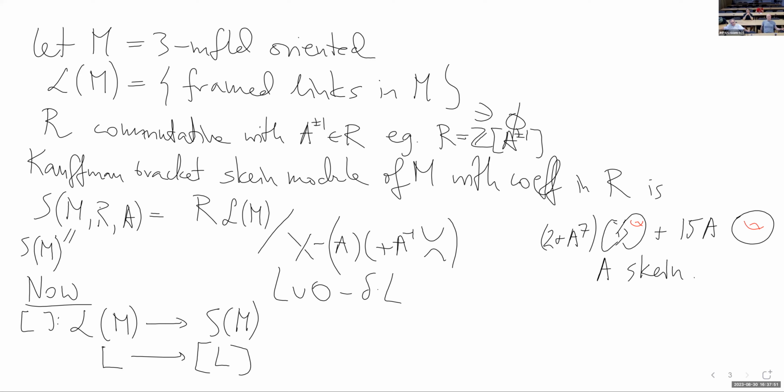And then you can consider its class in the quotient. And now you get some element in some algebraic object. What is that? This is an R module. But in fact, some property of this Kaufman bracket is used, additivity or linearity, R linearity.